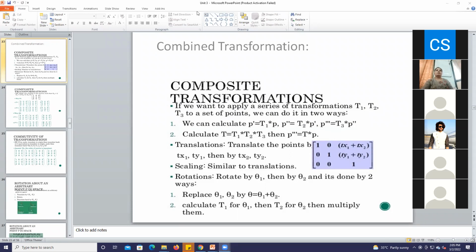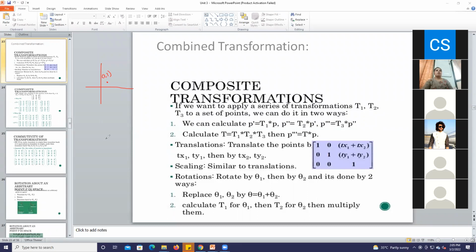For example, this is a point with coordinates 2, 1. I want to shift this point. पहिल्यांदा मला काय करायचंय, तो मला point 10 units right shift करायचंय.